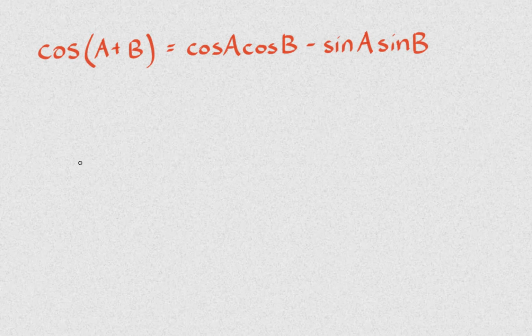Now what would we do if we want to come up with the double angle formula for cos? If we set both a and b equal to x, we get the following.